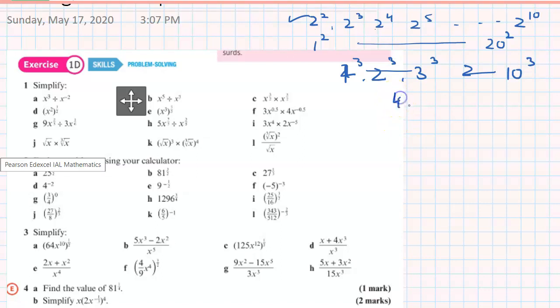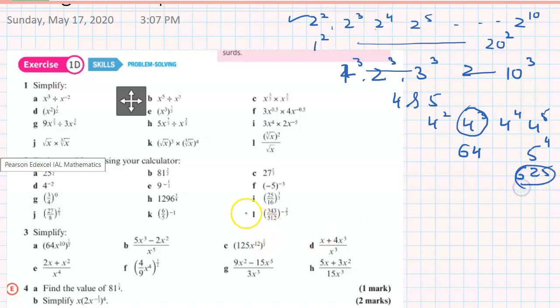And for 4 and 5, at least you should know 4 to the power 2, 4 to the power 3, 4 to the power 4, 4 to the power 5. For example, somebody asks you 4 to the power 3, that is 64. 5 to the power 4 is 625. So this kind of number you will get here. You will not get any number like 600.